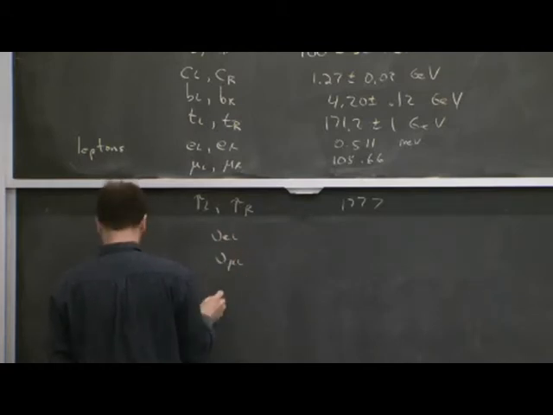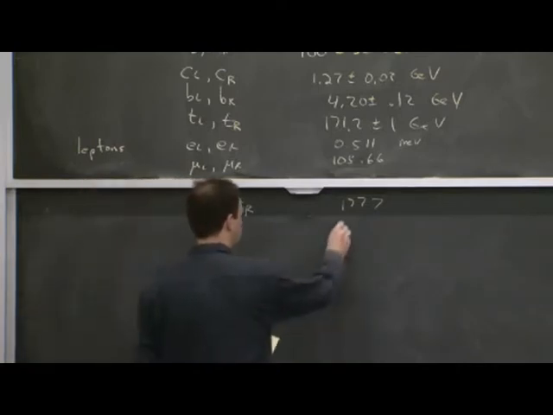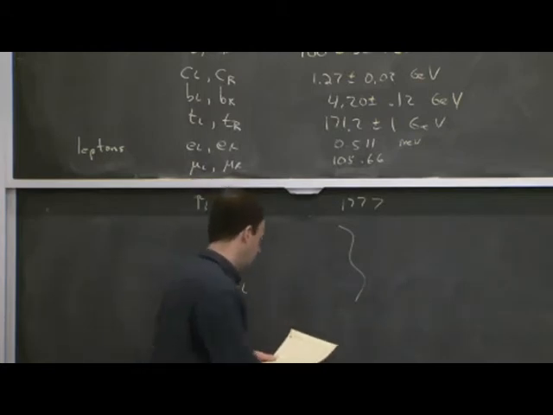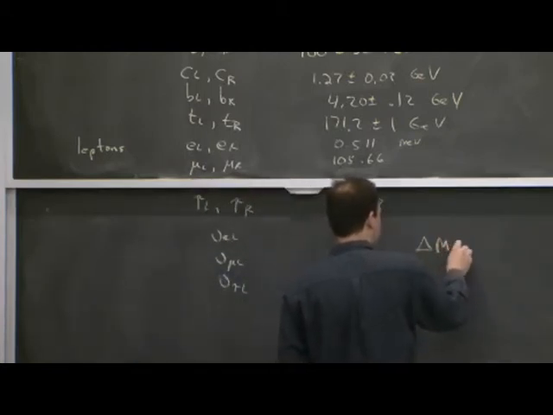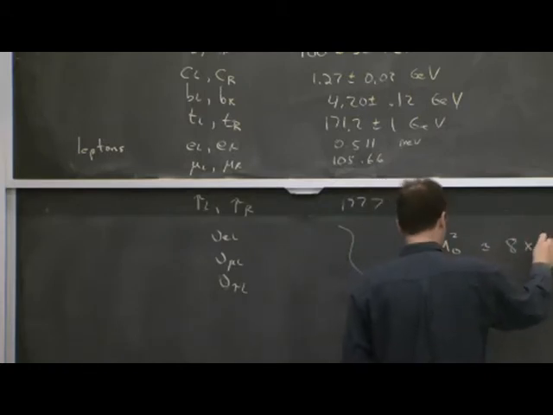Then we have neutrinos. The left-handed ones we've studied much more than anything else. And in particular, what we know most about the left-handed guys is mass splittings from neutrino oscillations. And these are pretty small numbers.